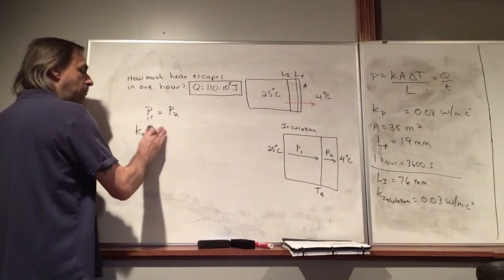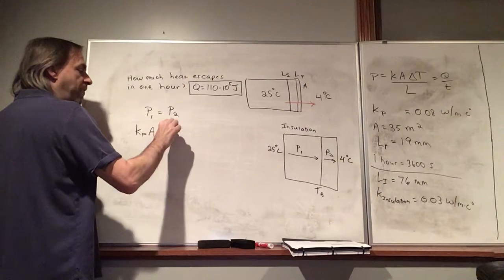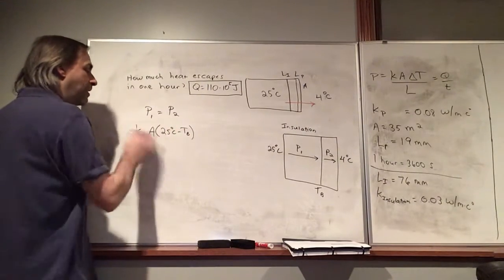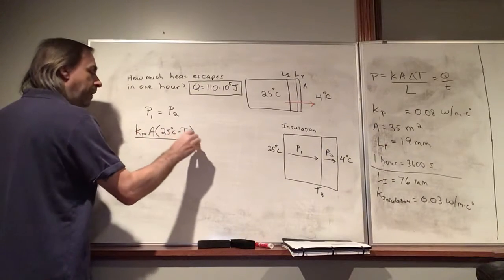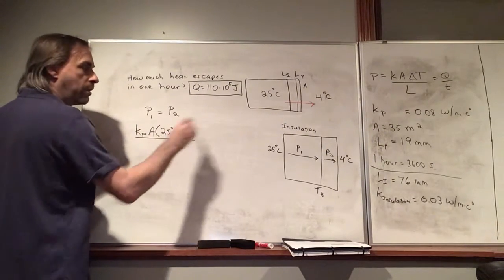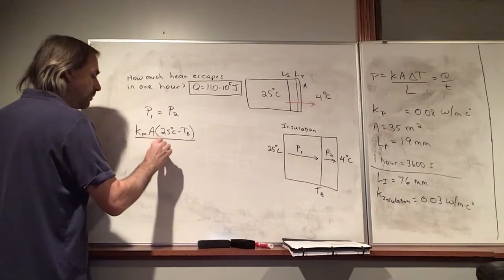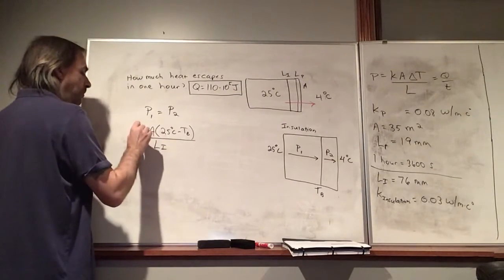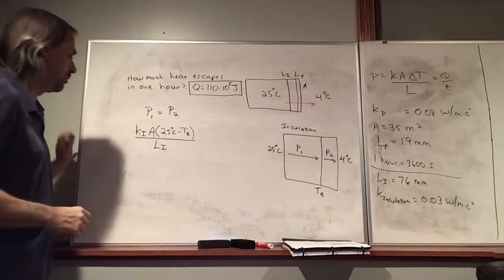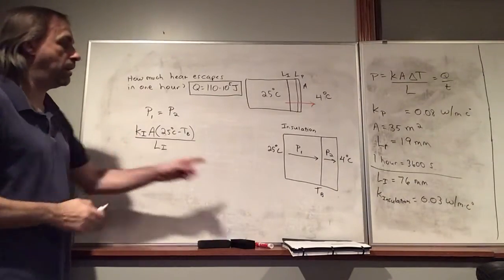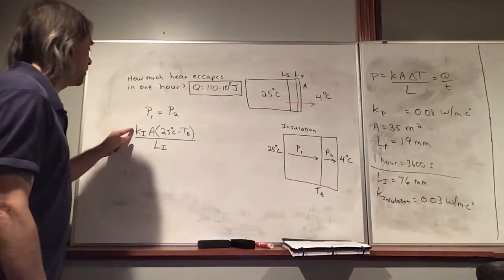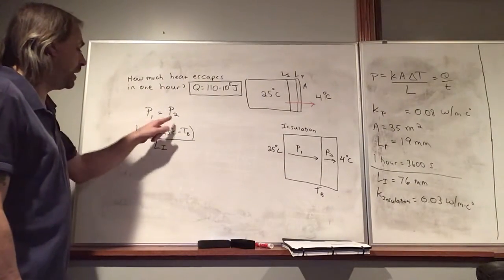So we'd have 25 minus the boundary temperature. That's delta T, and then divided by L for the insulation. Sorry, this should be layer 1 is the insulation. So I said plywood earlier, but this K, we defined layer 1 to be insulation. So this would be K insulation times A.